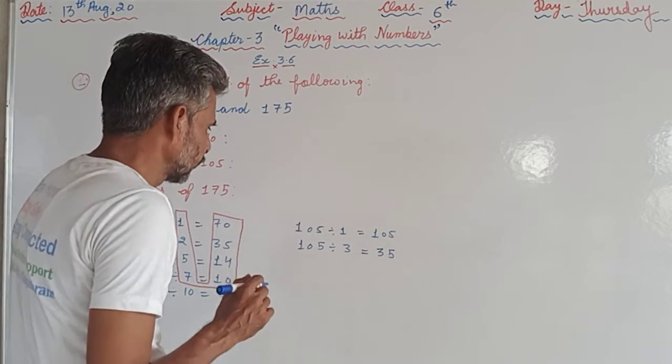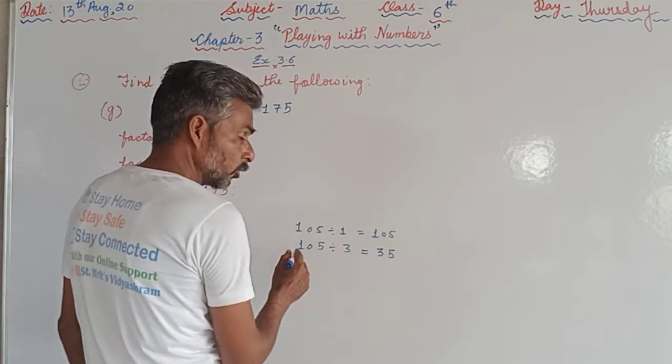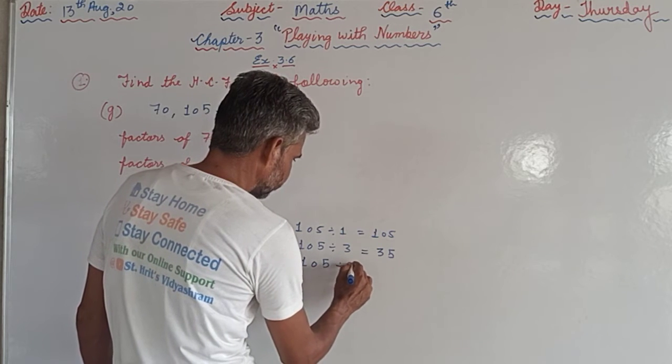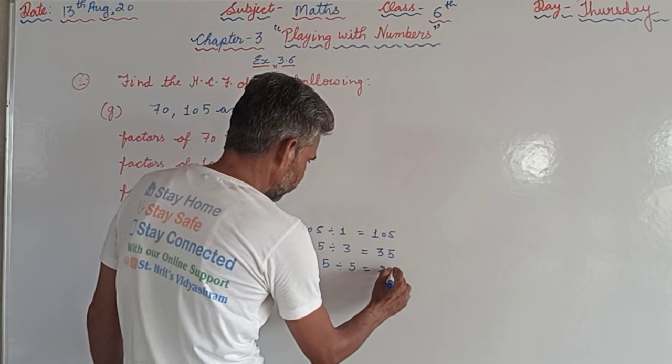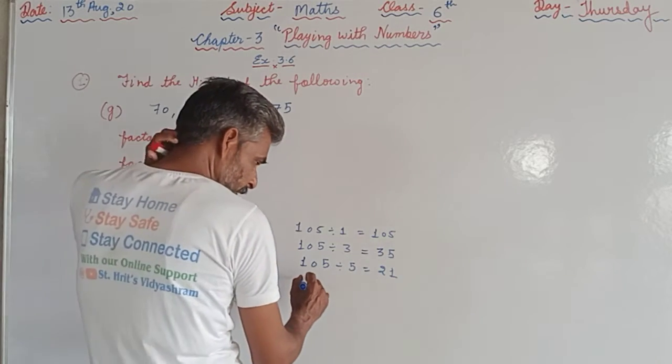Then this is not divisible by 4, this is divisible by 5, that is 21. Afterwards, it is not divisible by 6, it is divisible by 7.